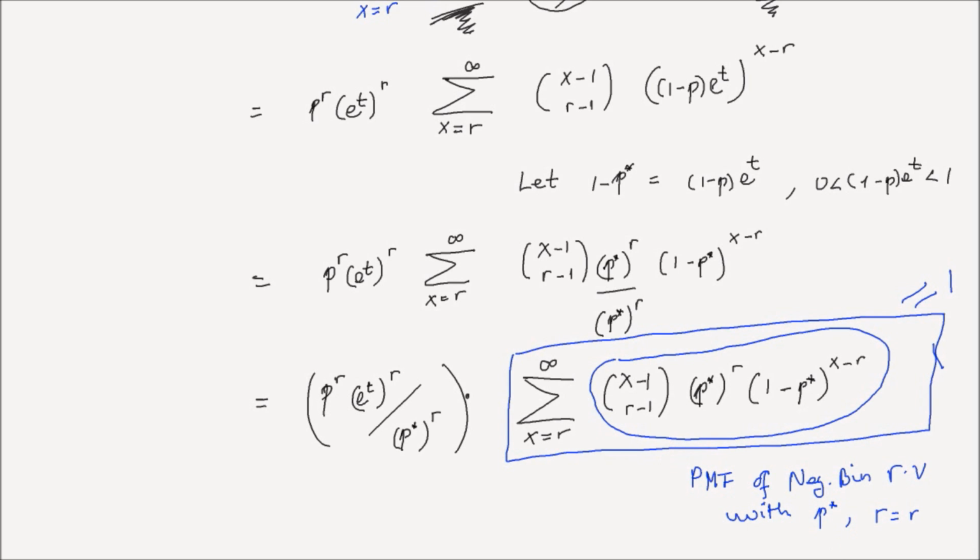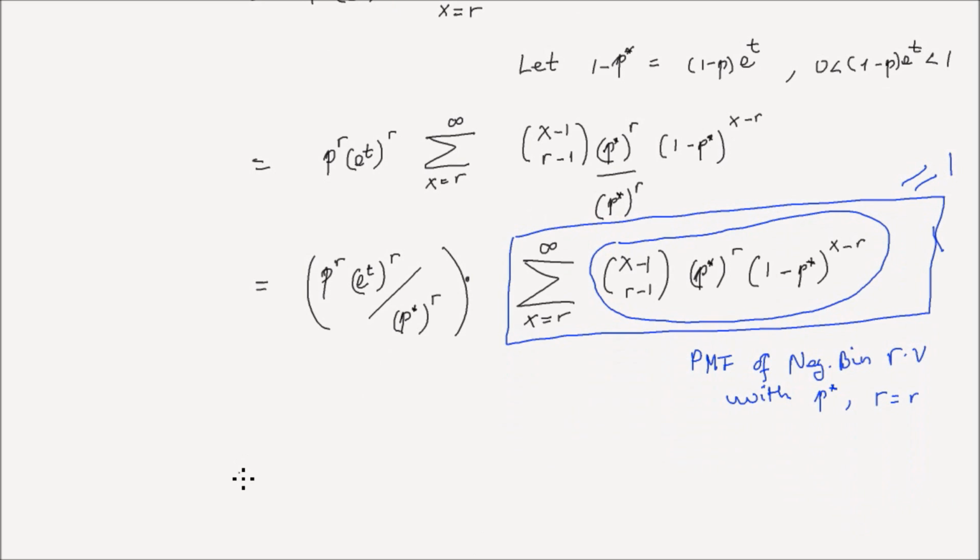Now, what I can conclude is that the MGF is equal to p to the power of r times e to the power of t to the power of r divided by p star to the power of r. Now, everything here has the power of r, so I can rewrite this as p times e to the t divided by p star, to the power of r.